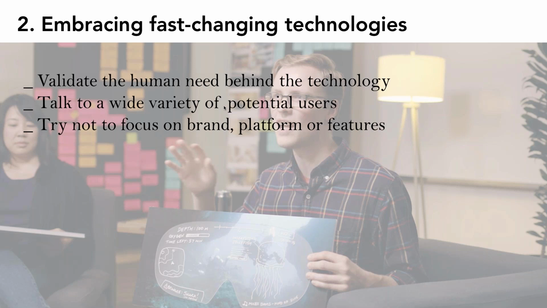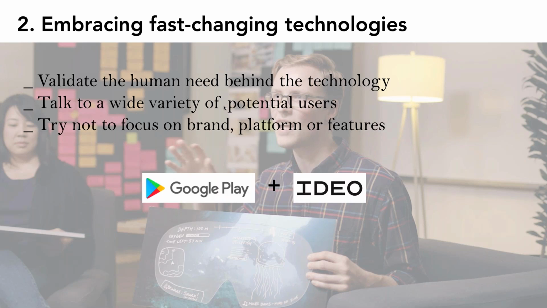And I have a fantastic example that I can share with you of two companies who did just that. At the end of 2017, Google Play, which is a music arm of Google, and IDEO, the creative consultancy I mentioned earlier, teamed up and spoke to not only technology experts and developers, but also people ranging from elementary or primary school kids through to early adopters and even technophobes, people fearful of technology, to find out how normal people imagined emerging technologies like virtual reality, augmented reality, and digital assistants, and what it would be like to incorporate them into their lives.